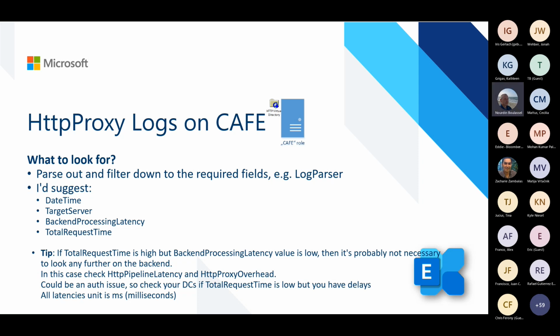Now, depending on your specific use case, if, for example, the backend processing latency is small, but total request time is large, like backend processing latency maybe 50 milliseconds or 10 milliseconds, but total request time was like a second, then I suggest you check the latency values for the pipeline latency and/or the proxy overhead, because it means that somehow the request that was coming in was queued inside the proxy handler for some reason.